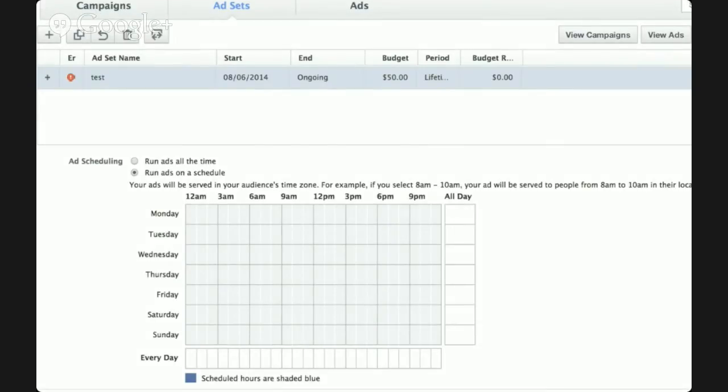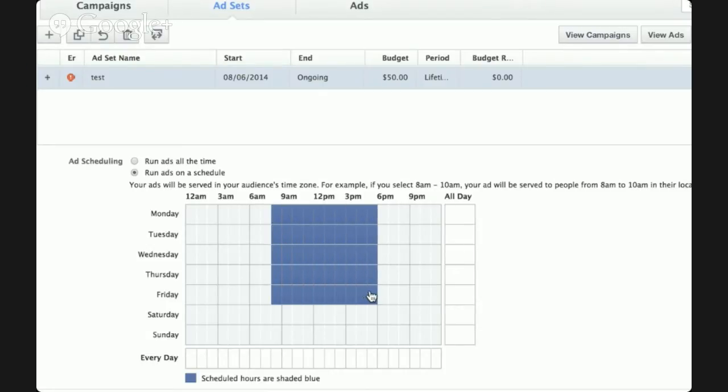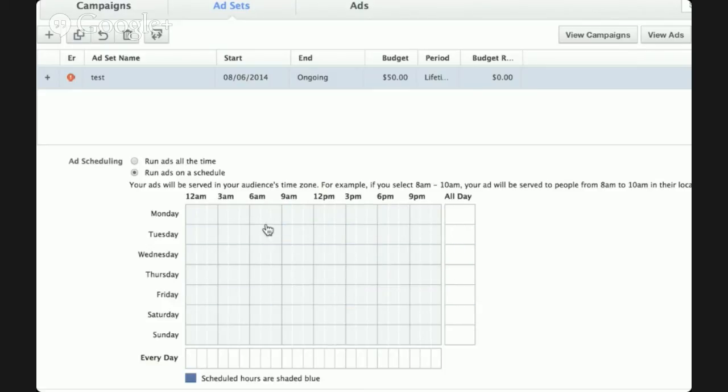You might know that most of your customers or fans are online while they're at work. So you might schedule your ads to run from, say, 8 a.m. until 6 p.m. Or you might assume that most people are checking their Facebook pages from, let's say, 7:30 in the morning until 9 o'clock because the rest of the day they're working.